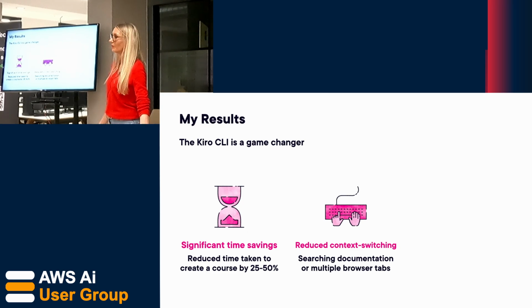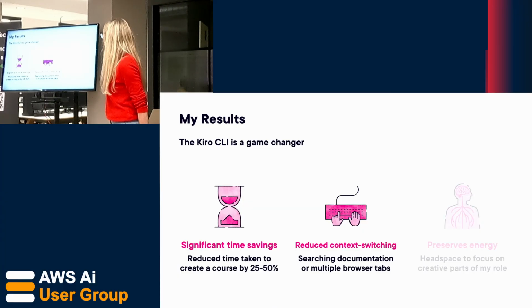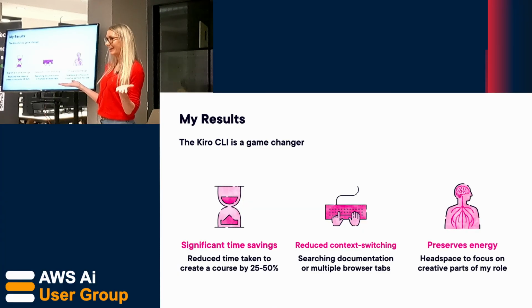So this is one way that you can kind of lift the load, I think. Preserving energy, headspace, to focus on the more creative parts of my role, really that only a human can do. So instead of spending my time troubleshooting scripts or troubleshooting AWS, it's nice to be able to use my creative muscles instead.